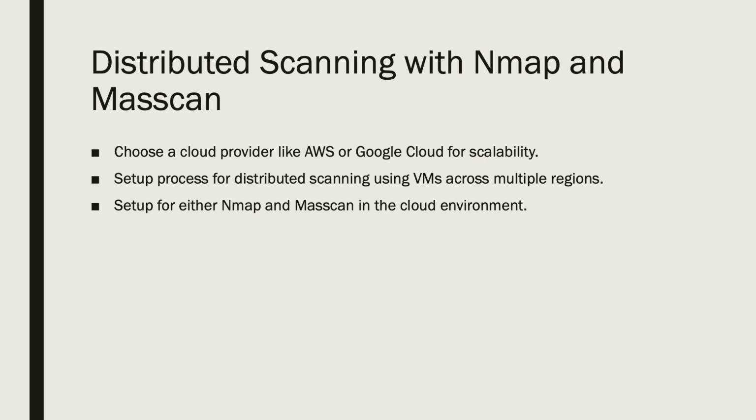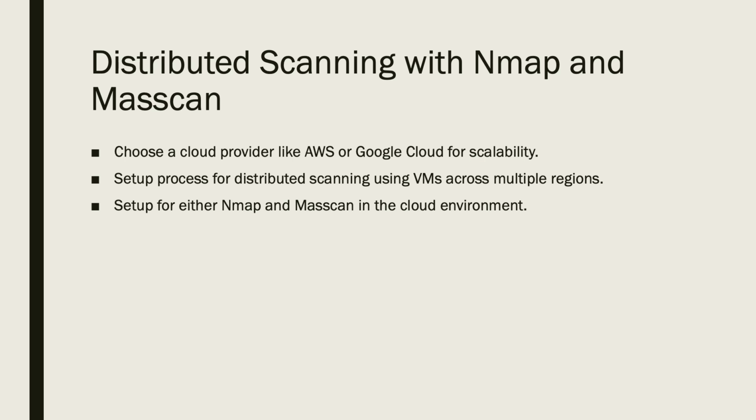So for distributed cloud scanning, basically you would want to use Nmap or MassScan. You could use proprietary tools, as I previously mentioned, to conduct the scanning. However, with this way, you can pretty much conduct your distributed cloud scanning without being agnostic to the specific type of cloud environment that you're working in.